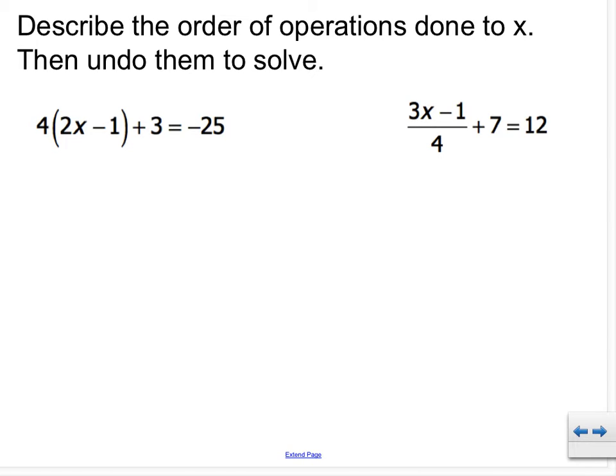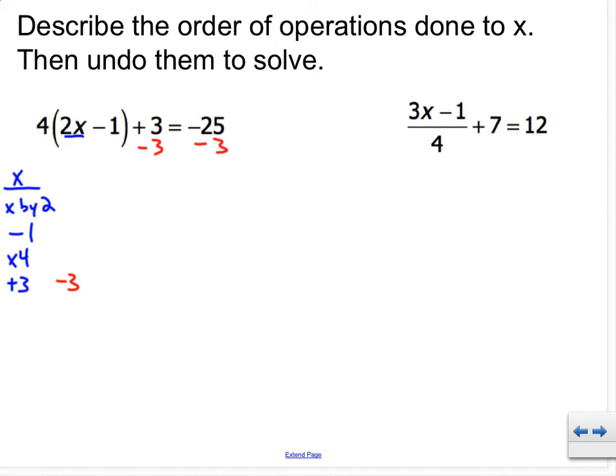I got 2 equations here. Let's take a look at the left one. So what's happening on this left side, if I start with x, the first thing that's happening to the x is I'm multiplying it by 2. Then I'm going to subtract 1 from that value, multiply it by 4, and add 3. And that's going to give me my value of negative 25. So now I want to undo this. I'm going to subtract 3.